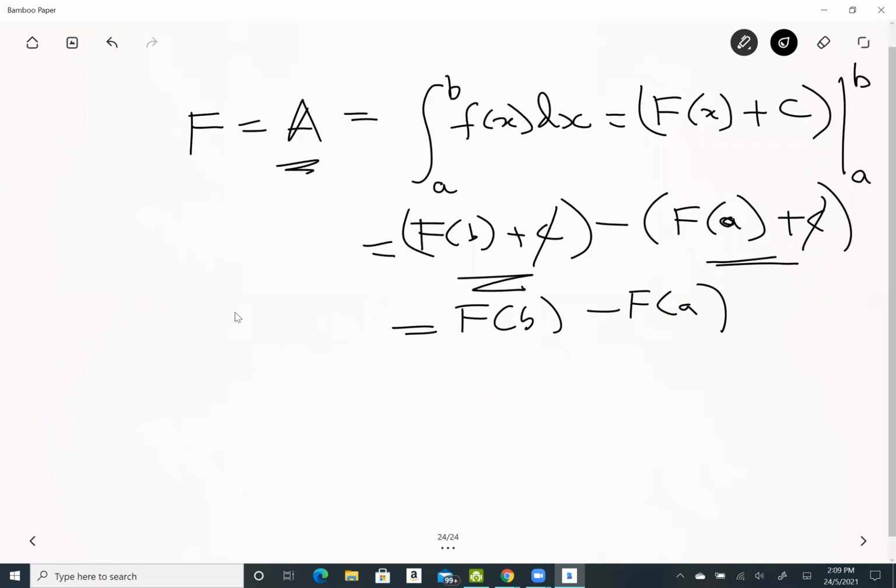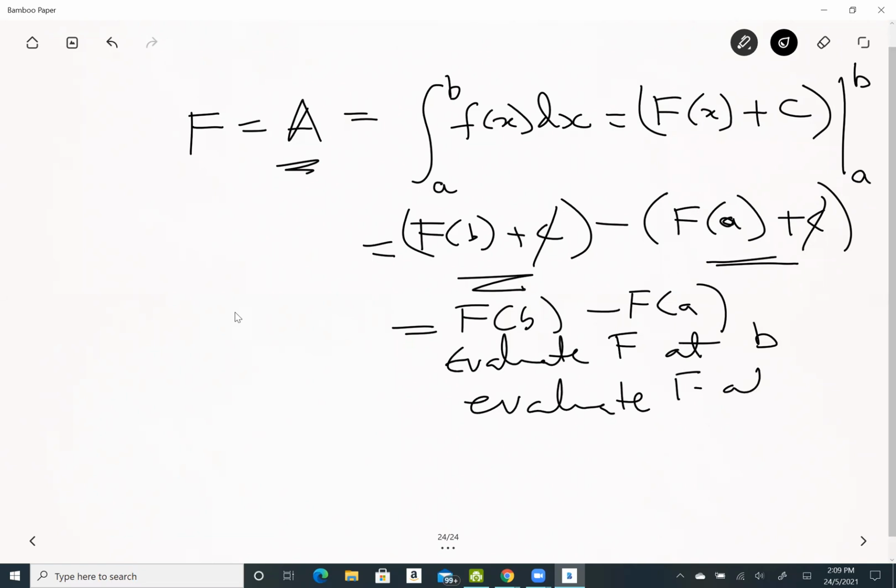So the definite integral is basically what? We evaluate the integration, capital F, at b, and then you evaluate the integral at a.